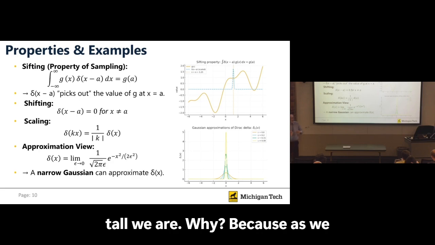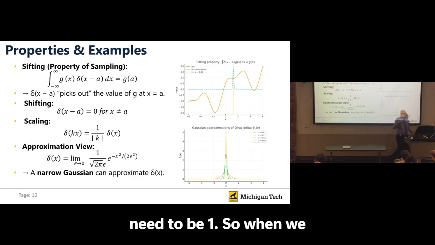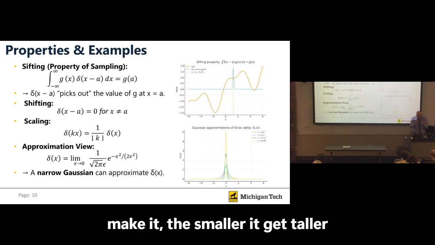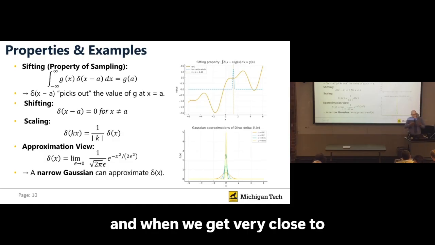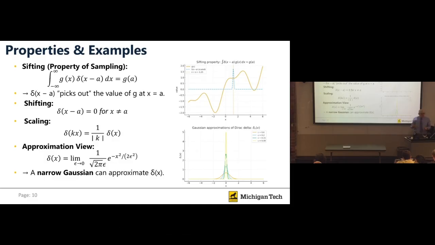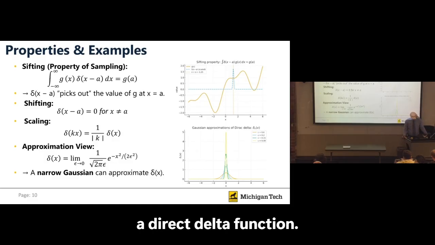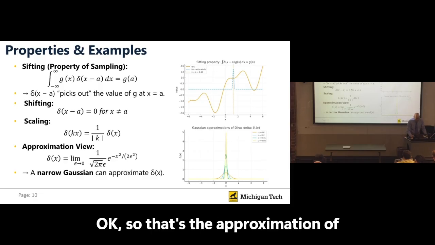Because as we explained, the area under the curve always needs to be 1. So when we make it narrower, it gets taller. And when we get very close to 0, it's going to go to infinity. That's exactly the definition of a Dirac delta function. So that's the approximation of that.